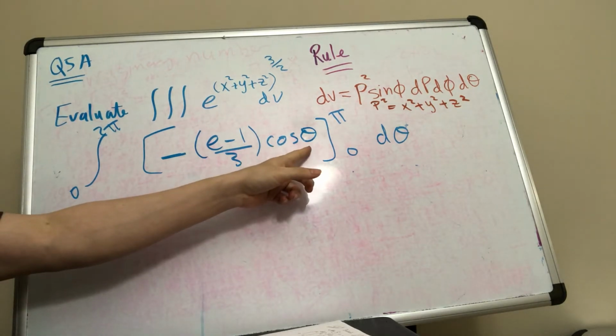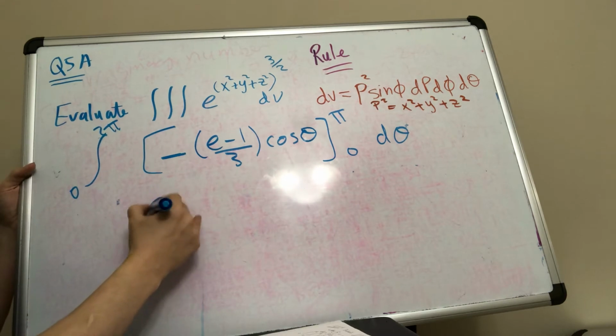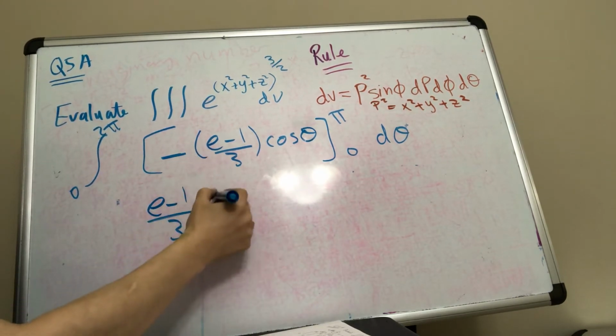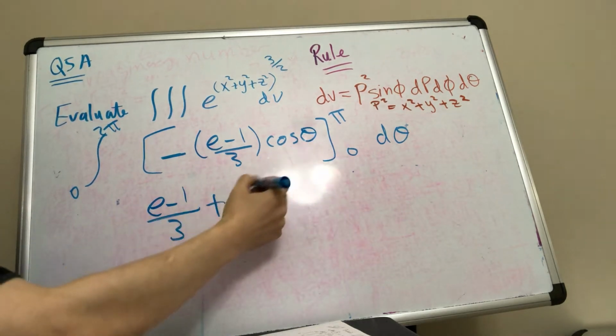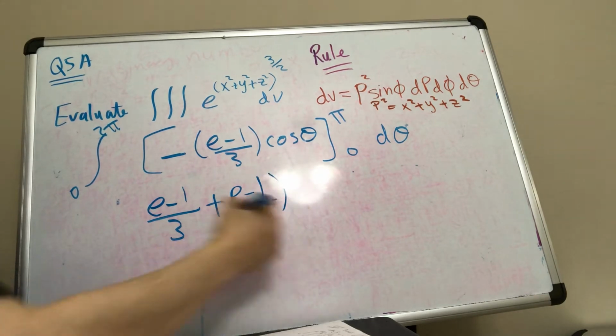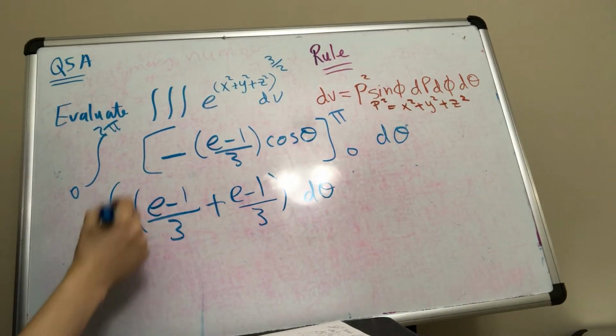Plug in pi, cosine of pi is -1, and a negative becomes positive. Minus, minus, or plus, cosine of 0 is 1, so it becomes e minus 1 over 3 d theta, 0 to 2 pi.